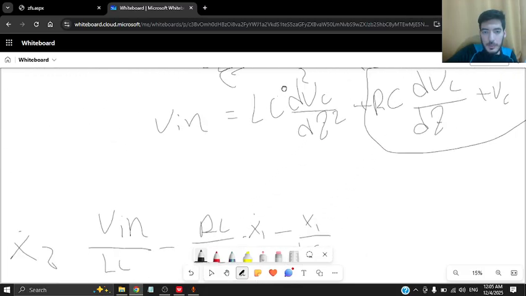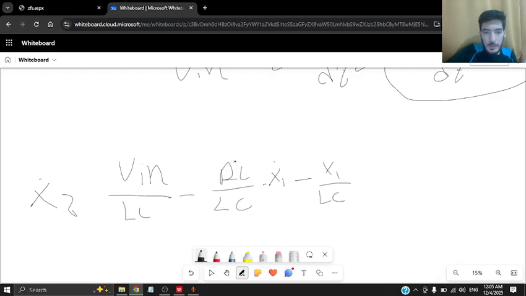And for the state matrix, here I have x1 differentiated, which is x2.